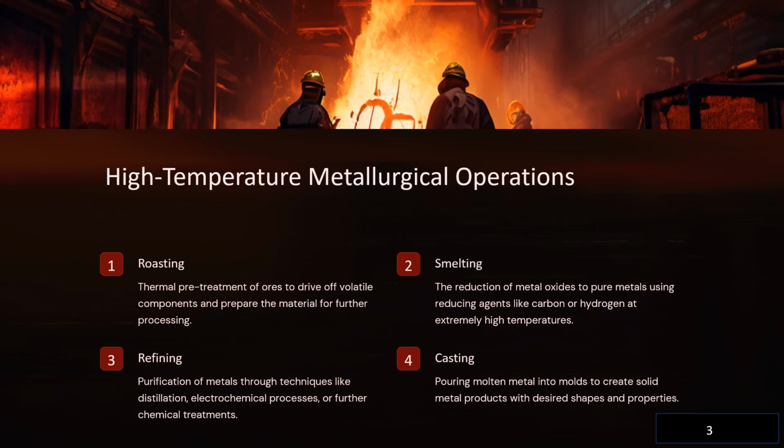Let's move to smelting now. Smelting is a reduction of metal oxides to pure metals using reducing agents like carbon or hydrogen at extremely high temperatures.